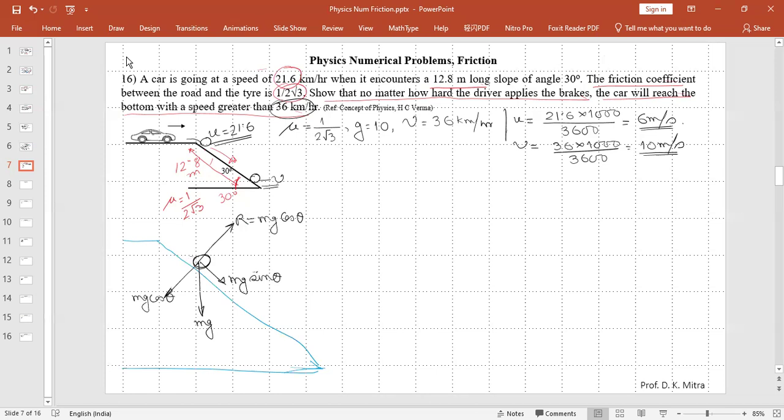And now let's try to solve the problem. R is mg cos theta.